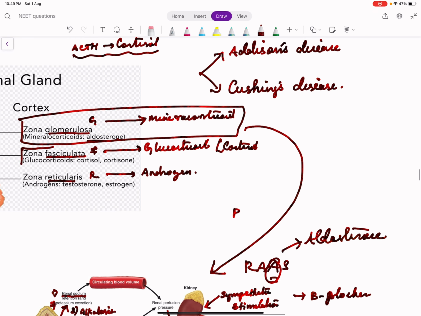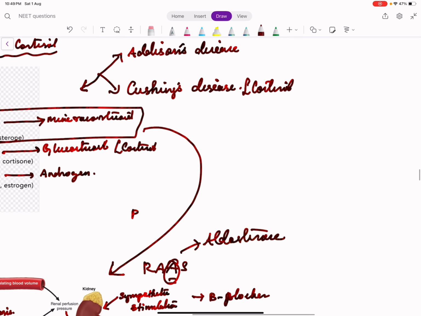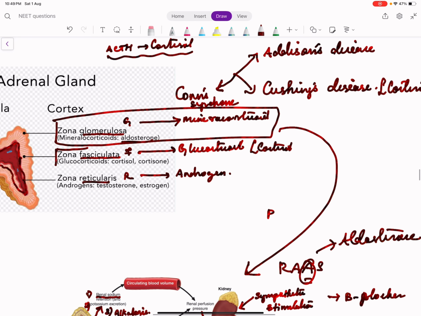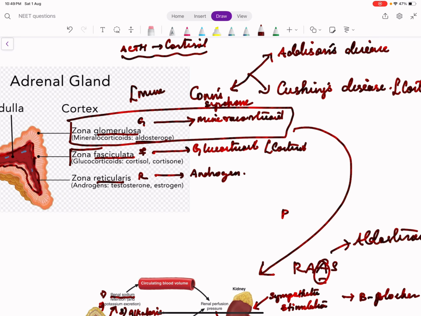So excess has two diseases. Cushing's disease is actually cortisol excess. So there is a disease causing mineralocorticoid excess. It's called Conn syndrome. Aldosterone secreting adenoma or aldosterone hyperplasia. So Conn syndrome is mineralocorticoid excess. Cushing syndrome is cortisol excess.